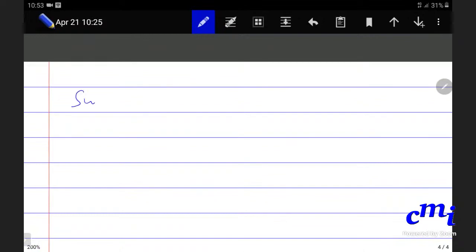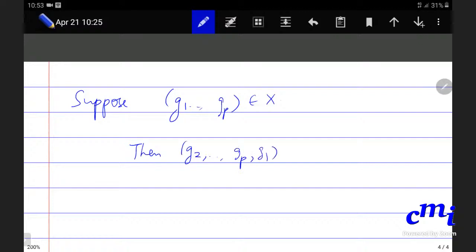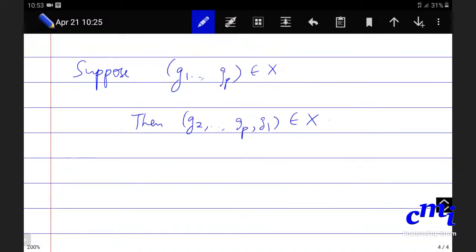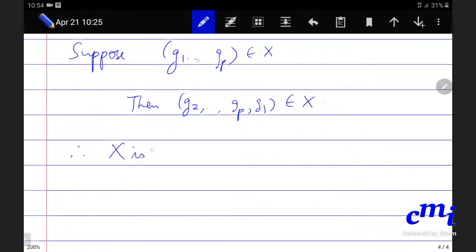Suppose G_1 through G_p is inside X, then G_2 through G_p, comma G_1, is also inside X. So if you cyclically permute a p-tuple that's already inside X, it will still be inside X. Therefore, X is closed under cyclic permutations of its elements.